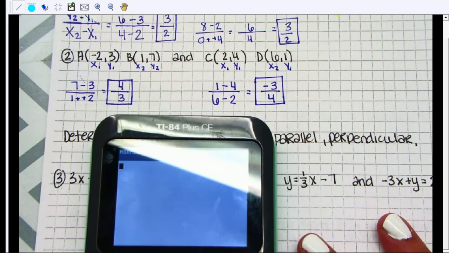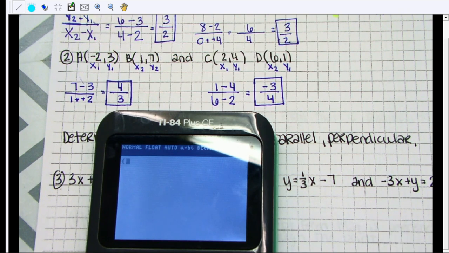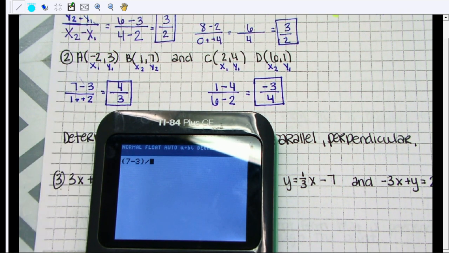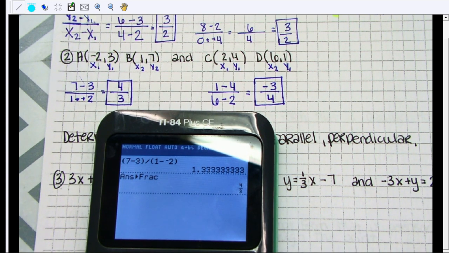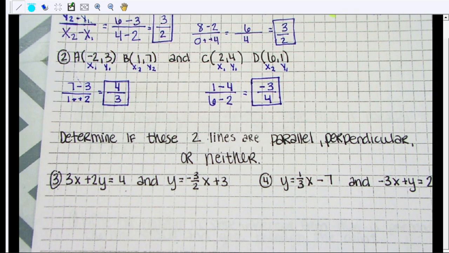So if I'm going to type the first one in my calculator, I would do parenthesis 7 minus 3, close parenthesis, divided by parenthesis 1 minus negative 2. I would get a decimal, and then I would just press math, enter, enter, and I would get 4 over 3. So you can do it all at once, but you have to put the numerator in parentheses, and then the division sign, and then another group of parentheses.